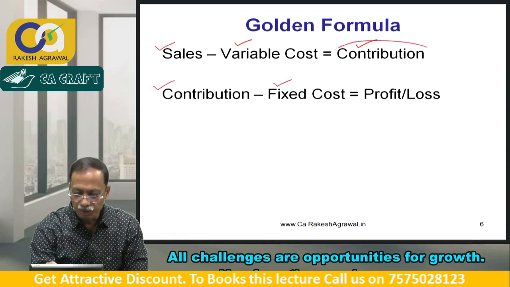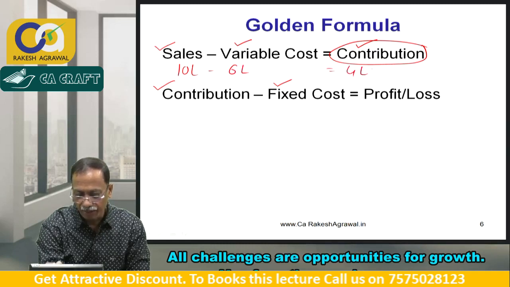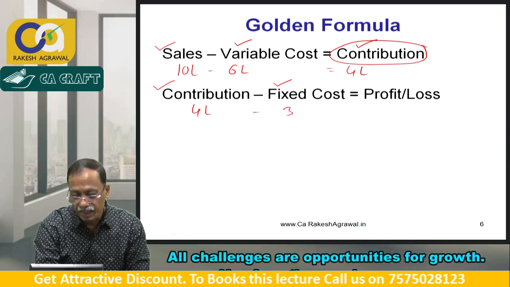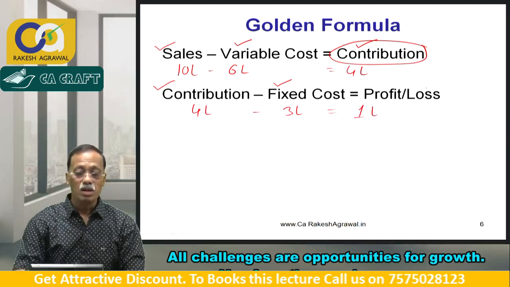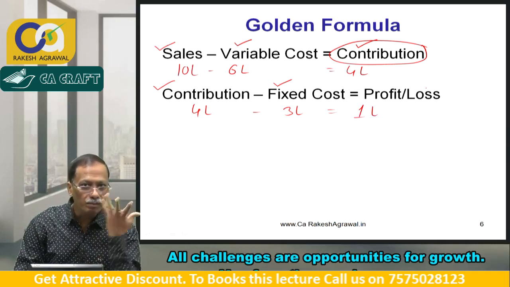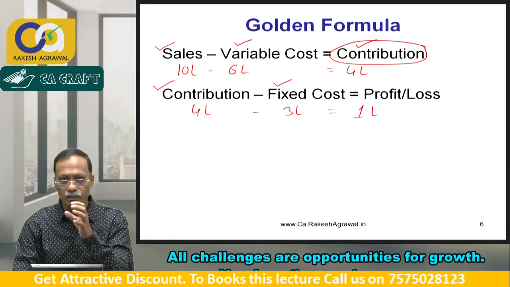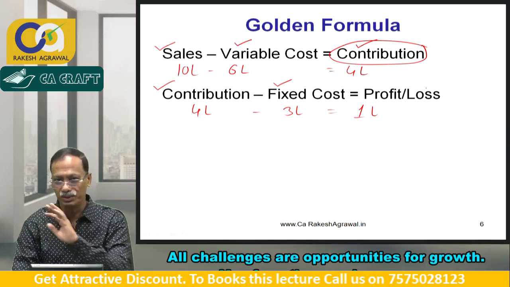Now from where might this word contribution have come? For example, if my sales is 10 lakh, my variable cost is 6 lakh, then my contribution is 4 lakh. Out of this 4 lakh contribution, let us say I deduct fixed cost of 3 lakh, so I get profit of 1 lakh. Now see it carefully: contribution contributes towards recovery of fixed cost and profitability of the organization.